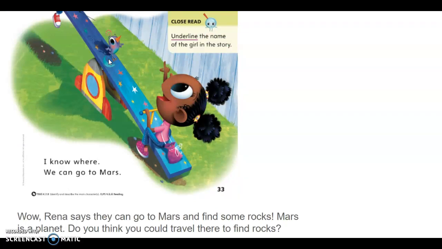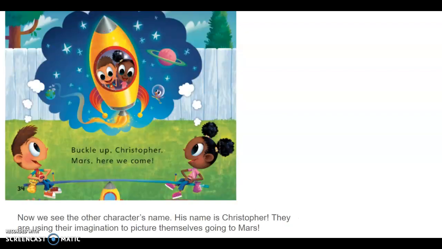I know where. We can go to Mars. Wow, Rena says they can go to Mars and find some rocks. Mars is a planet. Do you think you could travel there to find rocks? Buckle up, Christopher. Mars, here we come.